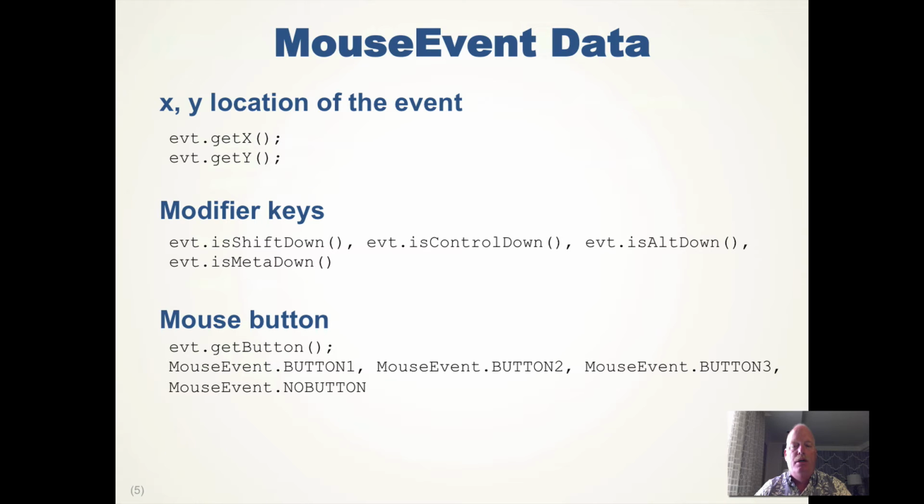You also can check that even if a mouse doesn't have 3 buttons, some of the other meta or control keys might be set. So if there's a gesture on the mouse that is equivalent to a right mouse button, that might be a way to get which button was pressed. So there's a lot of ways that once you're in your handler, you can get information about the mouse event that might help you do things like draw on the screen or whatever.